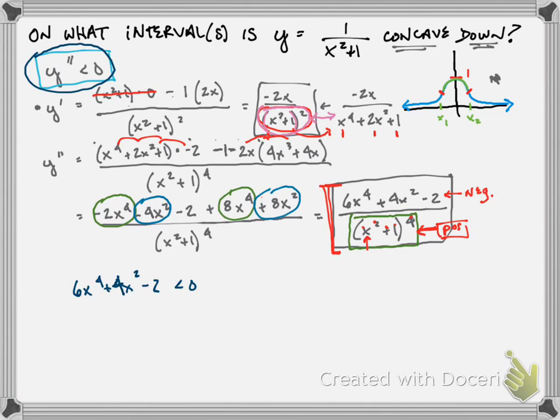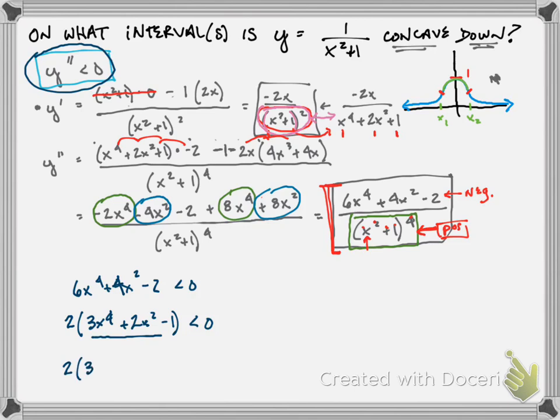Now, it may not be obvious, but you want to factor this thing. So I'm going to pull out the greatest common factor, which in this case is a 2, times the quantity 3x to the fourth plus 2x squared minus 1. So where's that less than 0? Okay, this is factorable. We spent some time factoring. You certainly spent some time factoring in pre-calc.